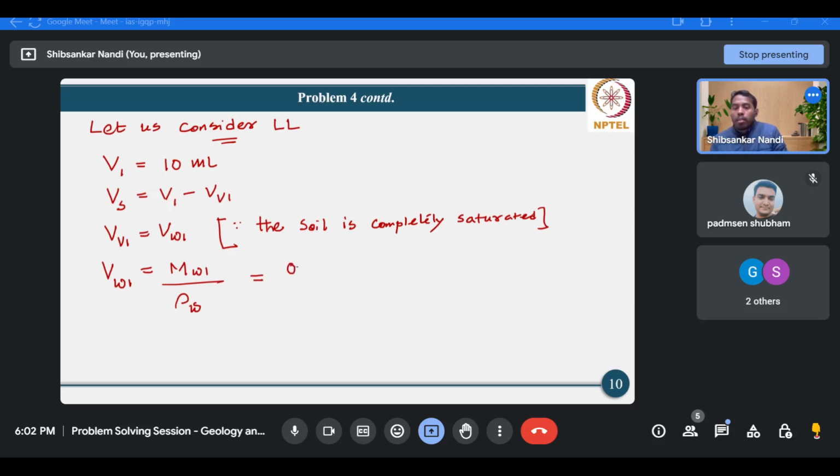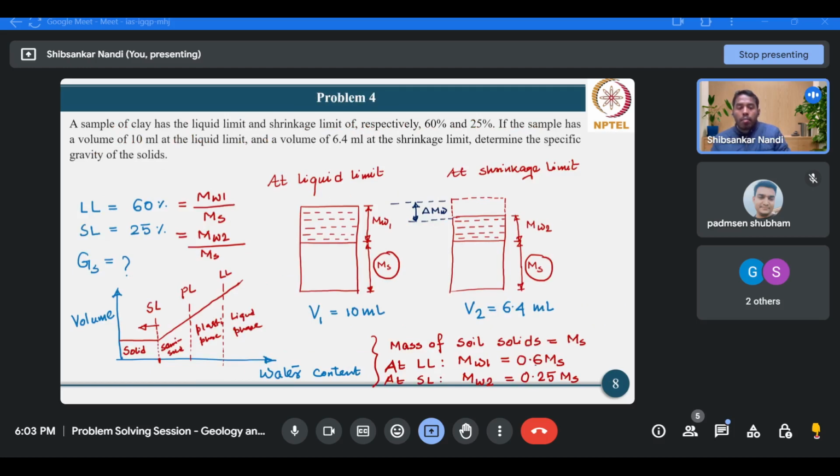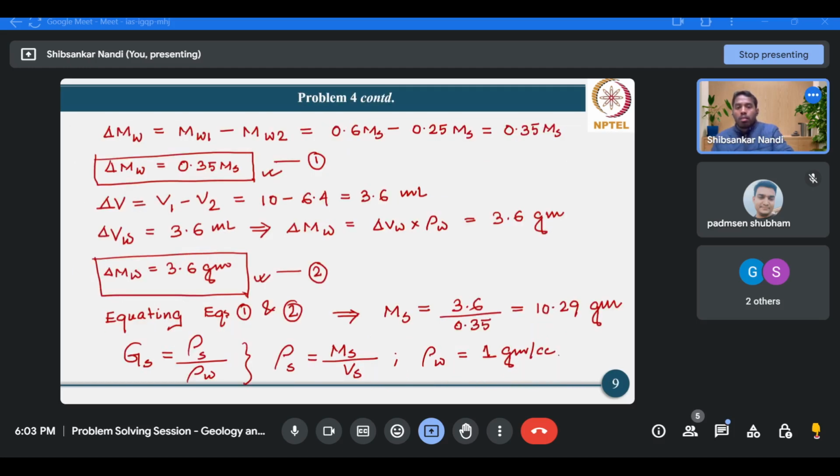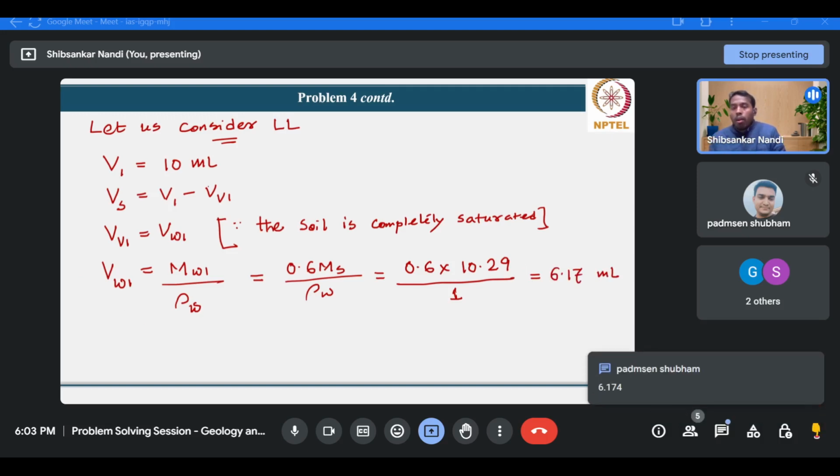It will be nothing but 0.6 times Ms. Already we have written that Mw1 is 0.6 times Ms. So that means 0.6 multiplied by 10.29 divided by 1. So what would be the value? 6.17 ml. So this is the volume of water, or rather the volume of voids.